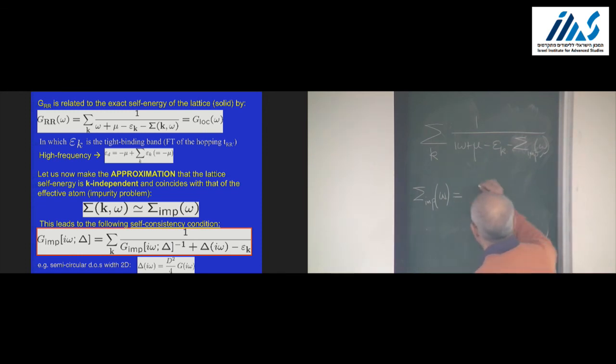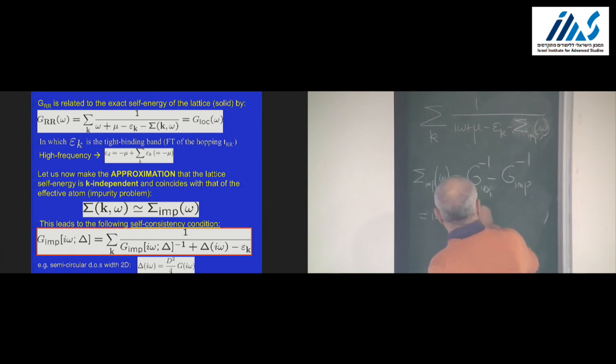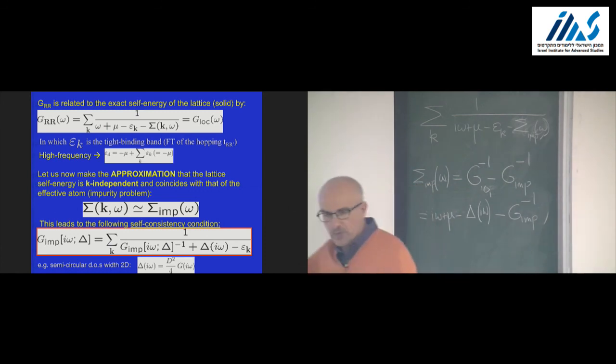So this is G0 minus 1 minus G impurity minus 1, right? What was that? This was i omega plus mu minus delta of i omega, and this is minus G impurity minus 1. Take this expression, substitute into this equation, you get this one.